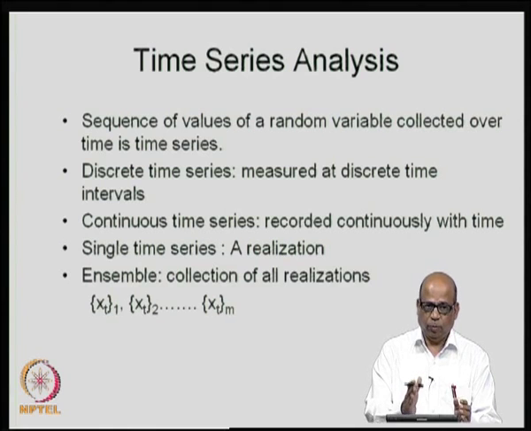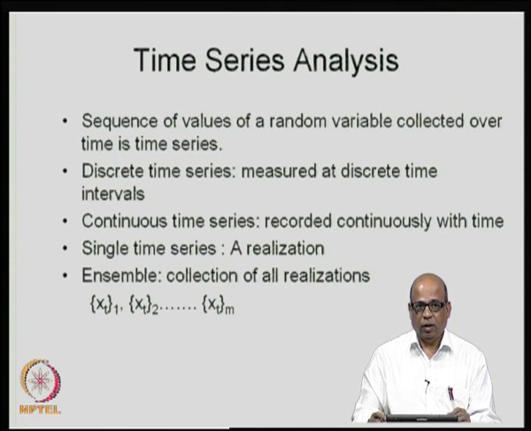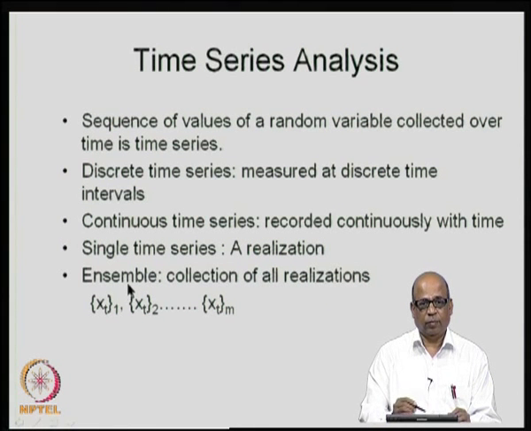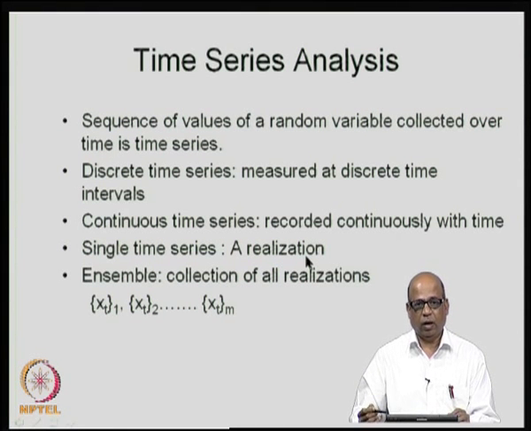The same random variable observed at different windows of time gives you a different time series, and therefore, different realizations. The collection of all such realizations is called an ensemble. So, an ensemble of time series consists of a collection of all realizations. For example, x t 1 is one time series or one realization, x t 2 is another realization, etcetera. Like this, you may have m such realizations, and the collection of all such realizations is called an ensemble.